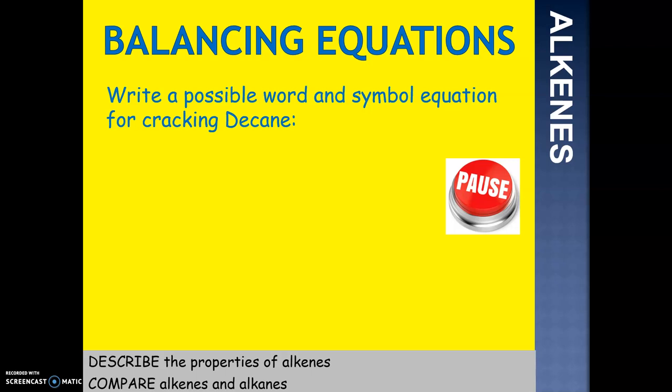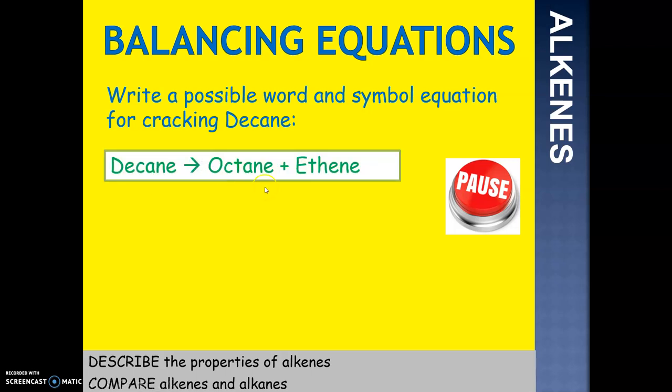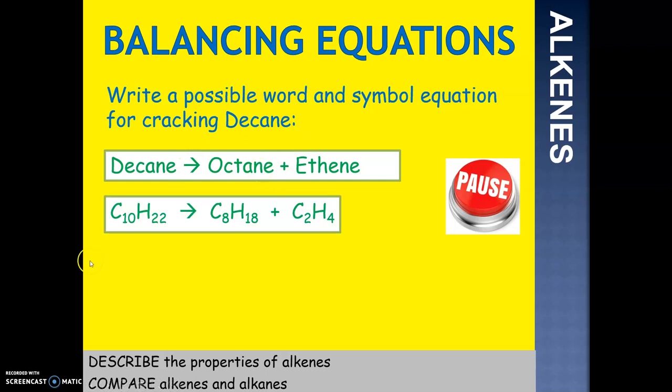Okay, hopefully you got these 2, guys. Give yourselves 2 marks if you've got these. So first one, decane makes octane, which is 8, plus ethene. And then C10H22 reacts, breaking it down by cracking, to C8H18 plus C2H4. So add those in, guys. Excellent if you've got both of them. Really well done.